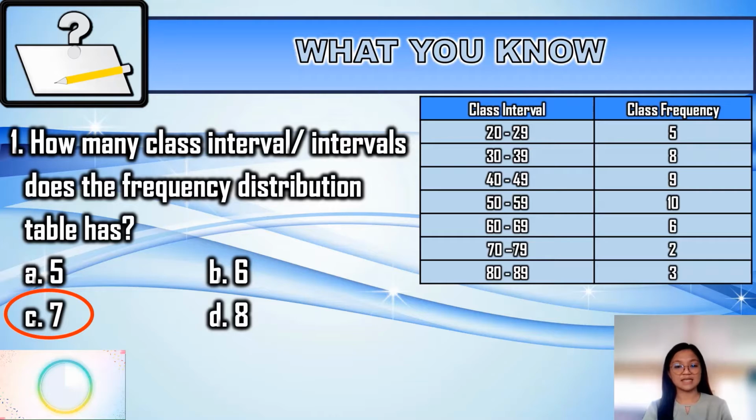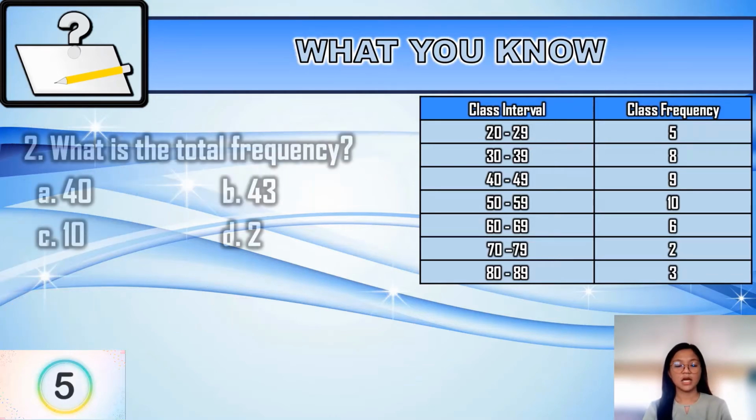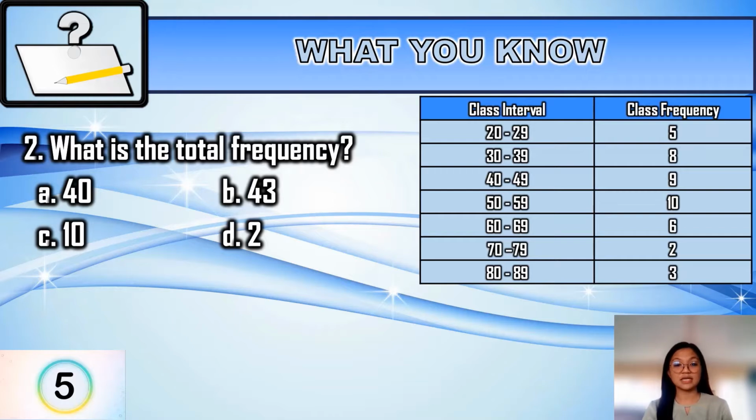Very good, C, 7. Number 2. What is the total frequency? A 40, B 43, C 10, D 2. Timer starts now. What is your answer? Excellent, B, 43.